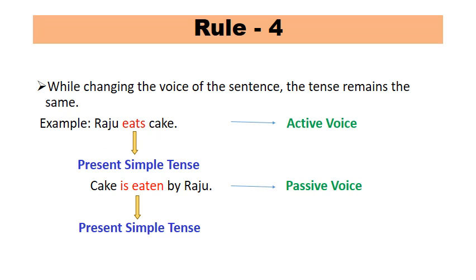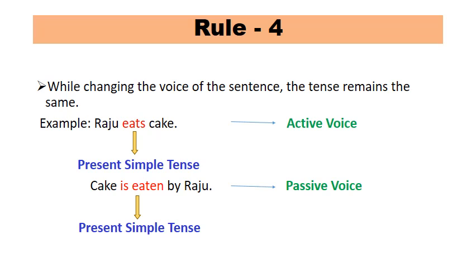Rule number 4. Dear students, while changing the voice of the sentence, the tense remains the same. See the example. Raju eats cake. The verb is eats and it is present simple tense.